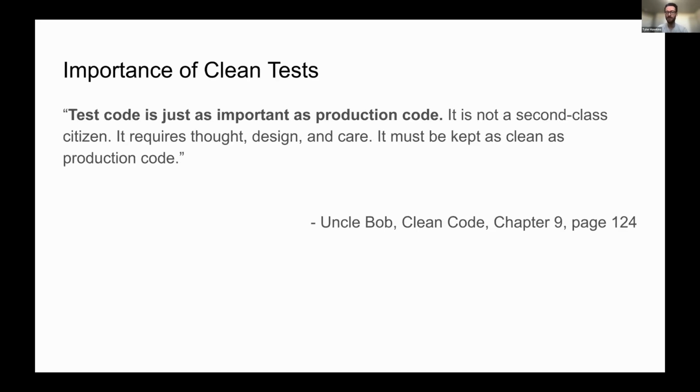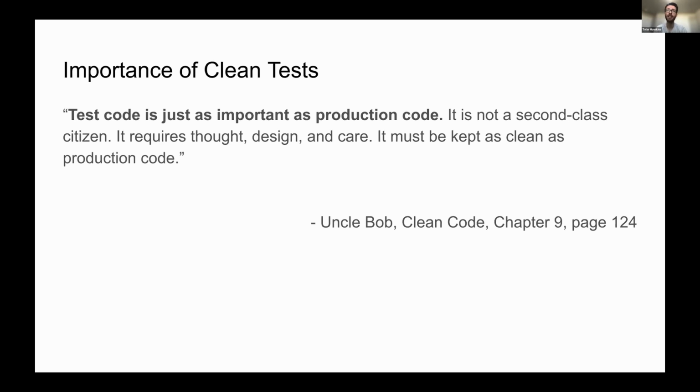This is Uncle Bob, Robert Martin, from Clean Code, another great book. He says, test code is just as important as production code. It is not a second-class citizen. It requires thought, design, and care. It must be kept as clean as production code. So this is an important concept: we spend a lot of time making sure production code looks good.